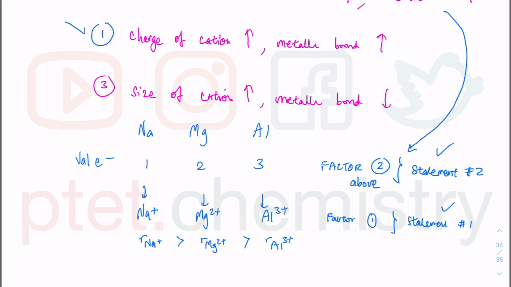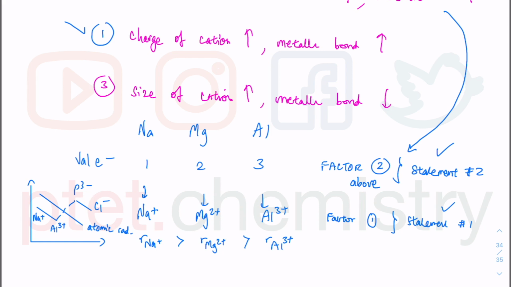You can get this from the data booklet as well, but obviously you need to know the trend, because the size of the atom decreases. This is atomic radius, and then the cation is smaller than the parent atom, but the cation is also getting smaller and smaller as you go from sodium ion to aluminium ion, and the same thing goes for the anion.